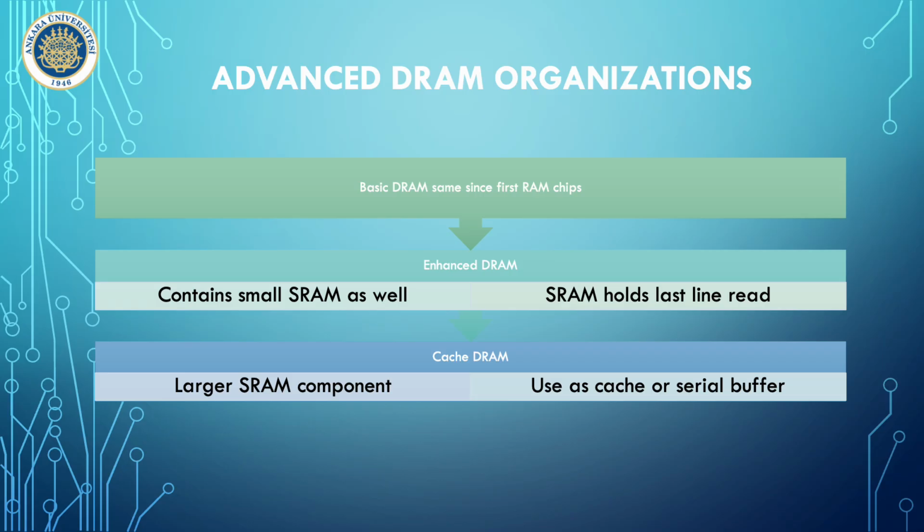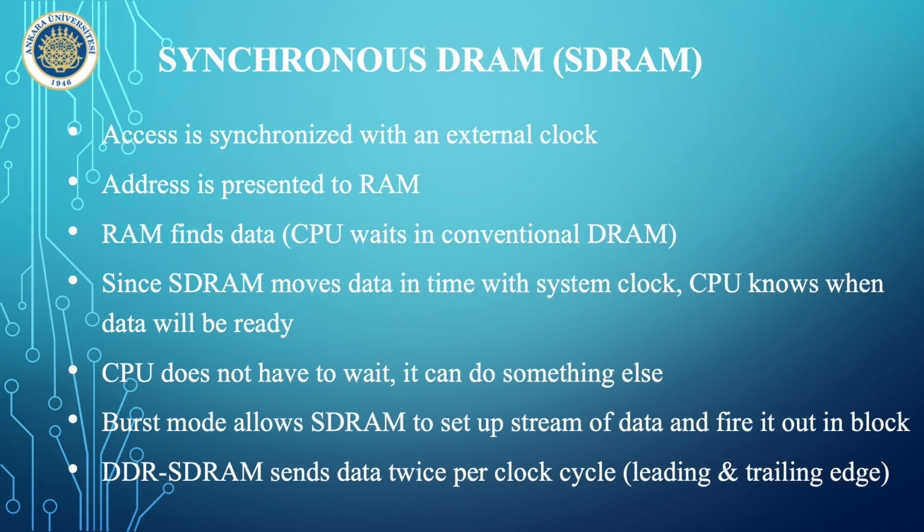As processors became faster, traditional DRAM became a bottleneck. New DRAM designs were created to synchronize better with CPU timing. Synchronous DRAM, SDRAM, operates in sync with the system clock, allowing the CPU to predict exactly when data will be ready.